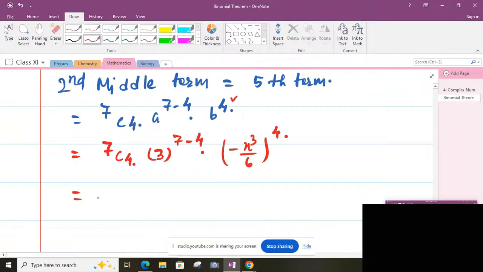So we write down the direct final step similarly to the earlier: factorial 7 by factorial 4 into factorial 3 into 3 to the power 3 by 6 to the power 4, and here will be minus minus repeated 4 times, then here will be plus.